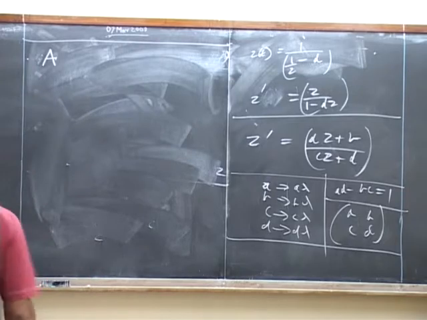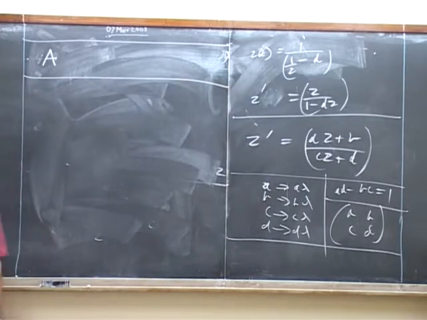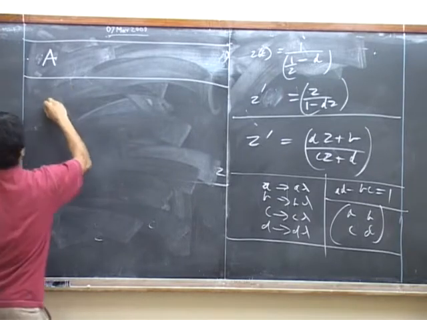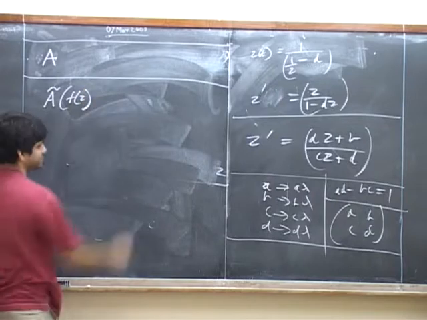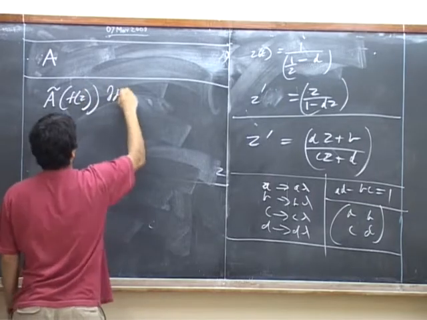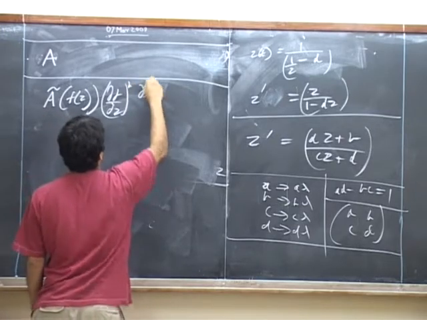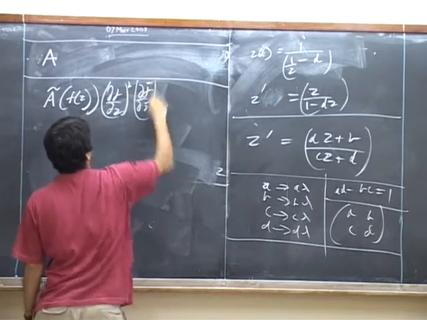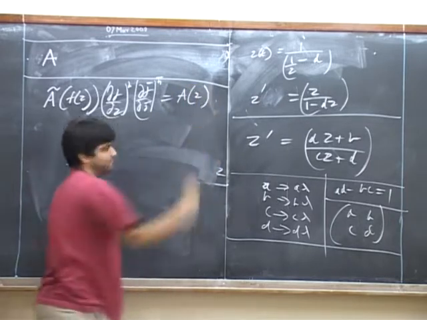Okay? So let's write that down in an equation. You remember how a primary operator in conformal field theory transformed? You had A tilde of f of z times df dz to the power h times df bar dz bar to the power h bar was equal to A of z.